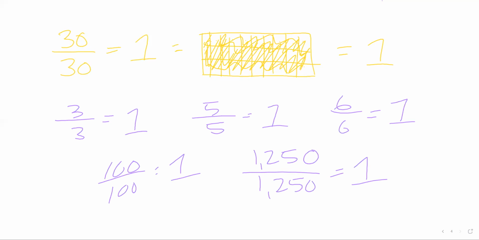And what's really cool about why this is, like, we already saw the model reason of it, right? How I could take a number and cut it into as many pieces as I want. And we're also realizing the more pieces I cut it into, the smaller those pieces get, right? So like if I took 1, I'm not even gonna do it, and I cut it into 1,250 pieces, you have to imagine those would be the tiniest little pieces.